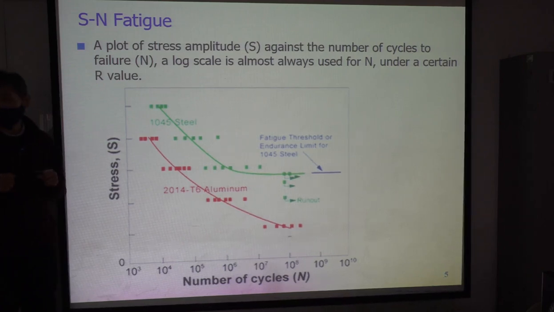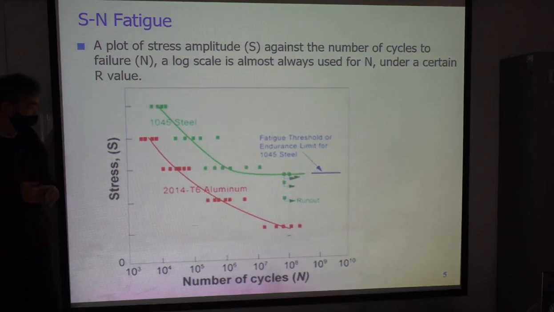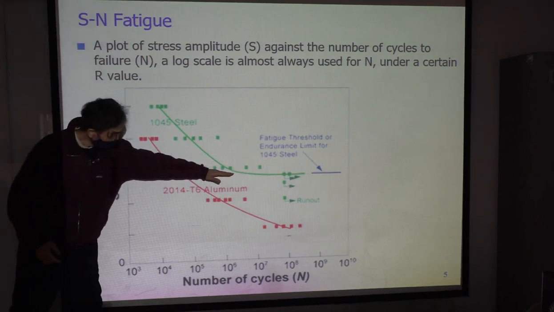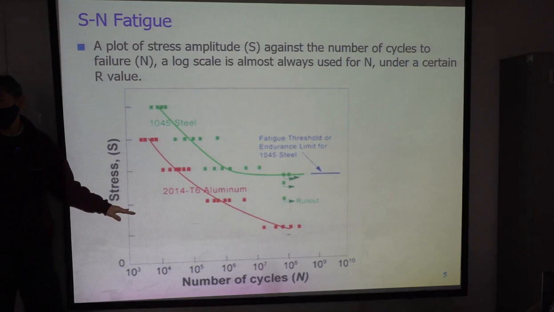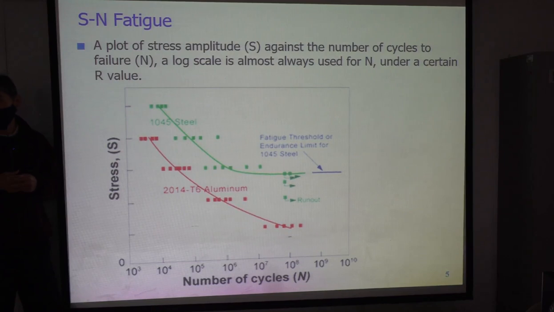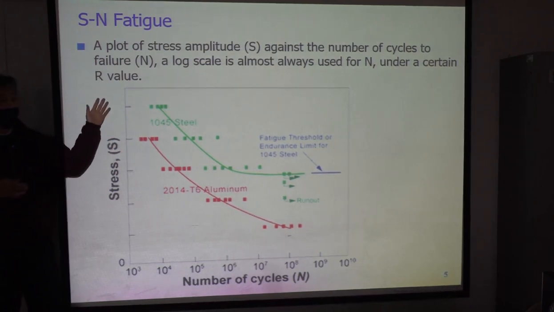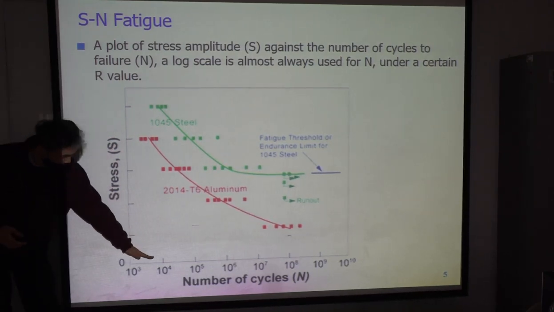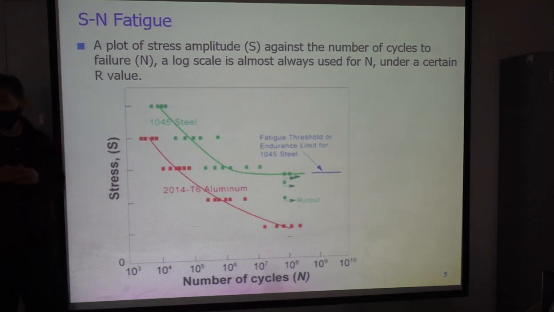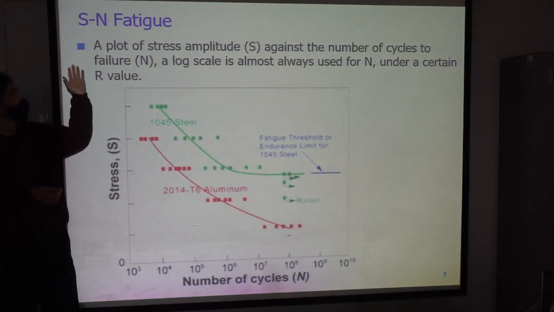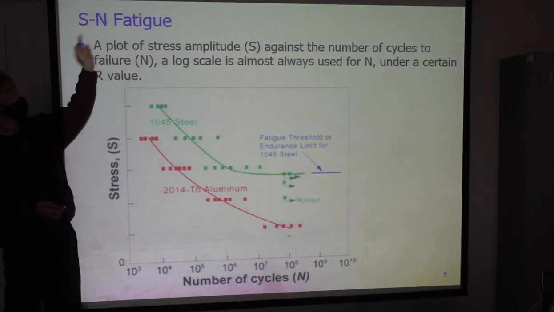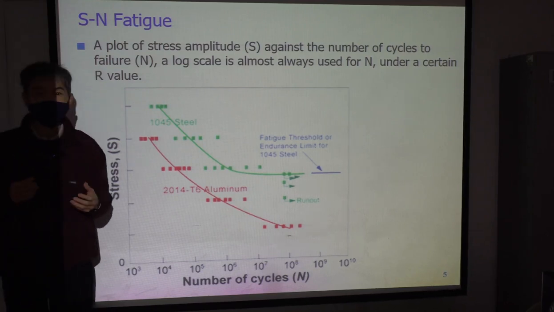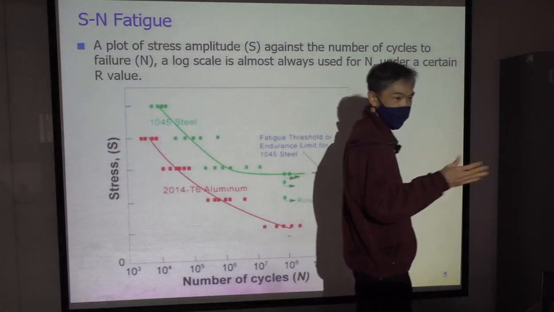But you can also tell your customer, if you apply stress lower than this level, you can use your tool forever. It's pretty safe. For your lifetime, probably it won't break. So do you follow this stress cycle curve idea? Pretty good. We call this S-N fatigue. S means stress, N means cycles.